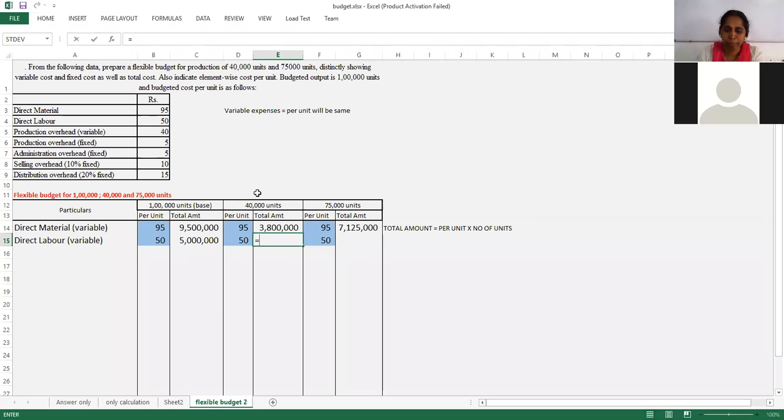Per unit is 50 multiplied by 40,000 units, this is 20 lakhs. And here, 50 rupees multiplied by 75,000 units is 37 lakhs 50,000.